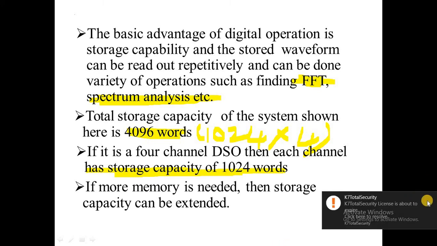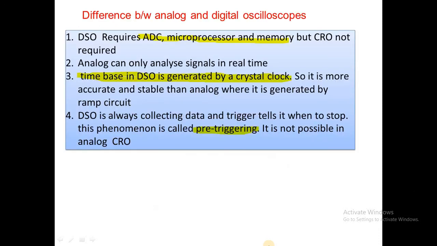Next we are moving on to another topic. What are the basic differences between analog oscilloscopes and digital oscilloscopes? For example, if you take the analog oscilloscope as a CRO, a DSO requires an ADC, microprocessor and memory, but a CRO does not need these components. An analog scope can only analyze the signals in real time.